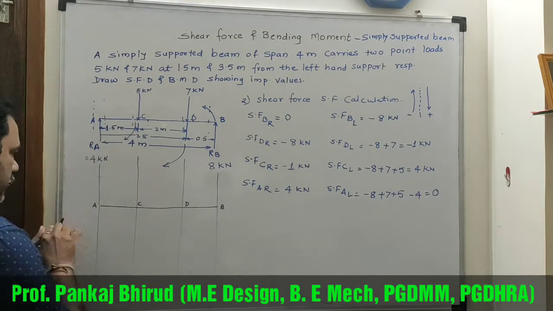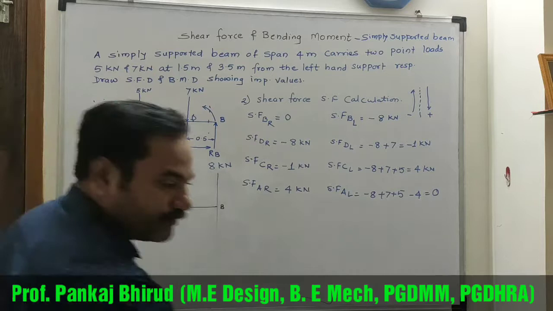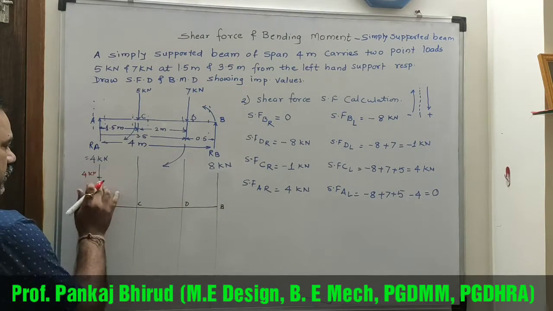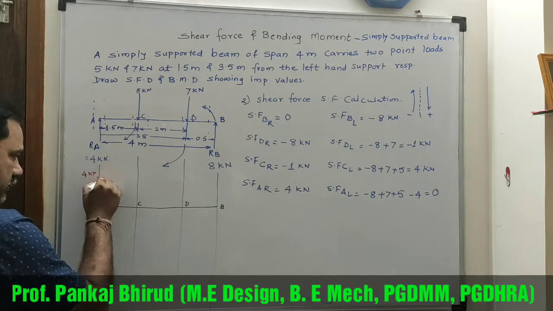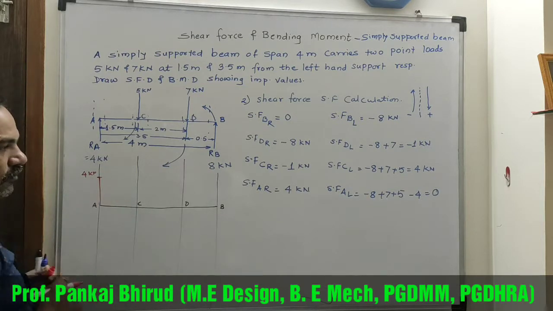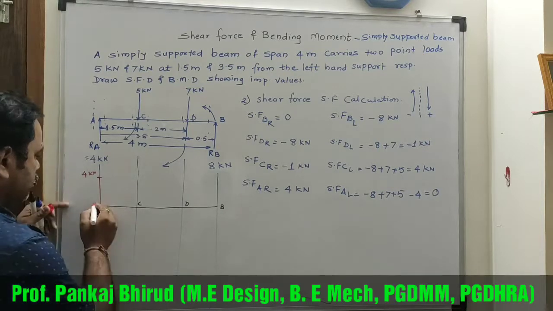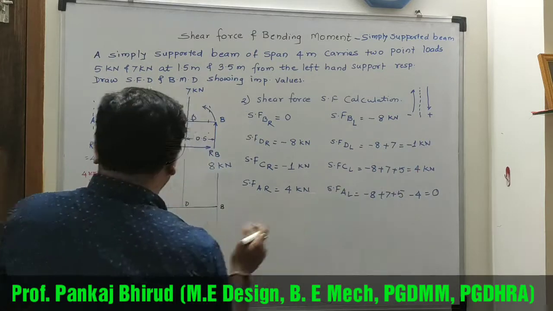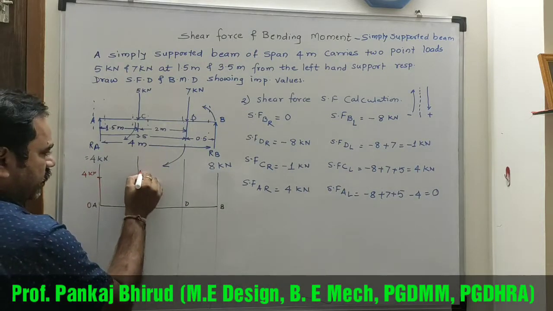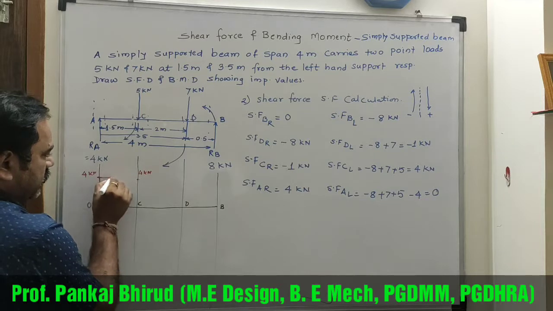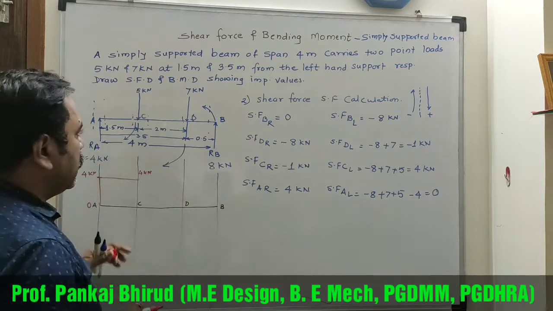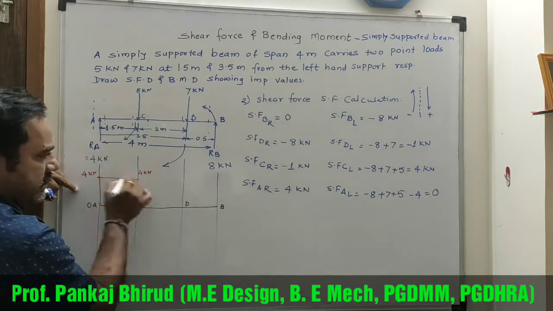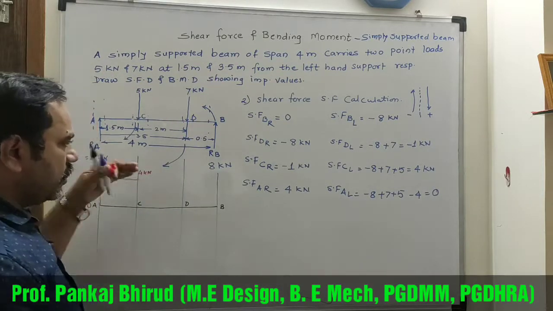So mark 4 kN and draw a vertical line 0 to 4 kN. Then at C point 4 kN. So mark 4 kN. So this is a horizontal line. Now when it is simply supported with point load, we will draw straight lines, vertical or horizontal.